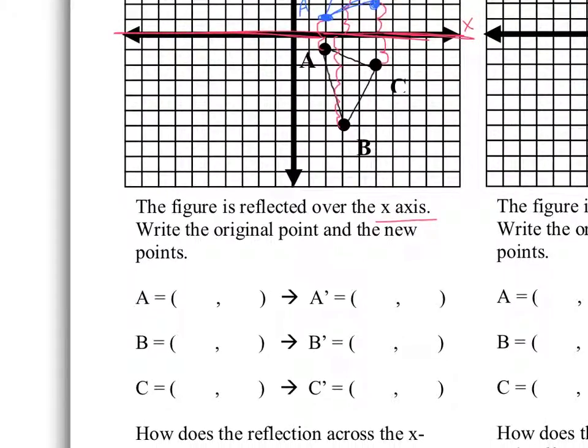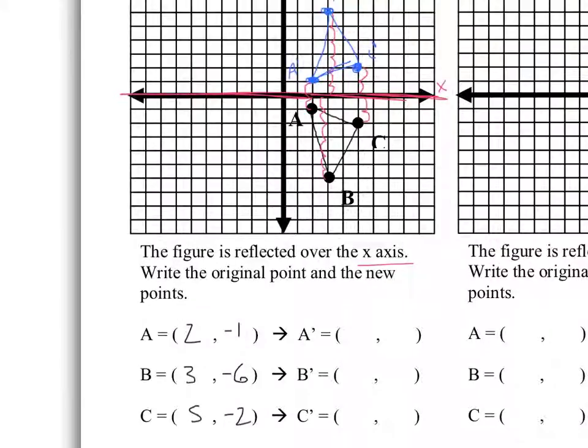So somebody give me the original coordinates for A. Kali. 2, -1. Original coordinates for B. Brandon. 3, -6. And C. 1, 5, -2. And now our new coordinates are prime coordinates.